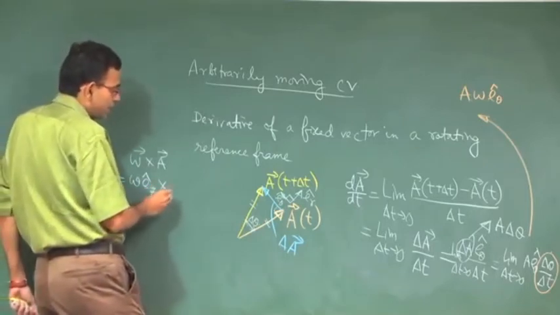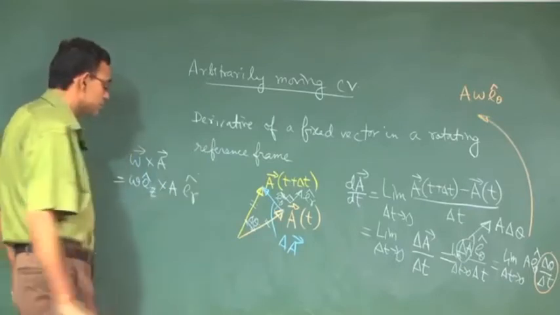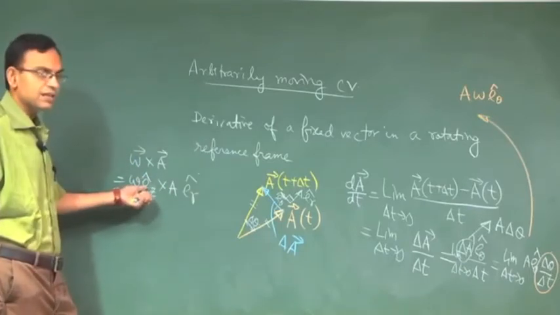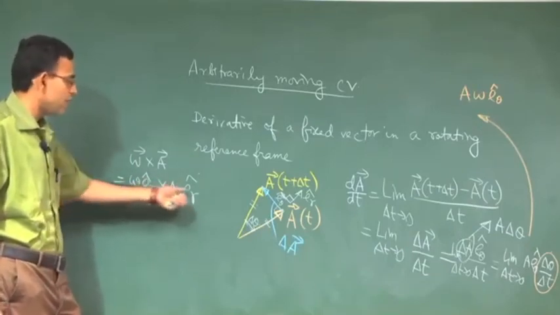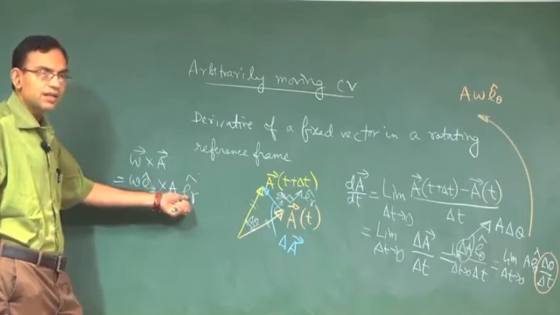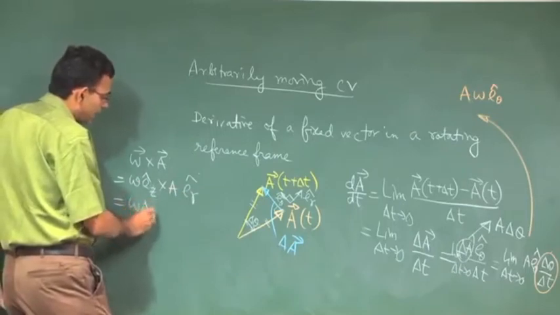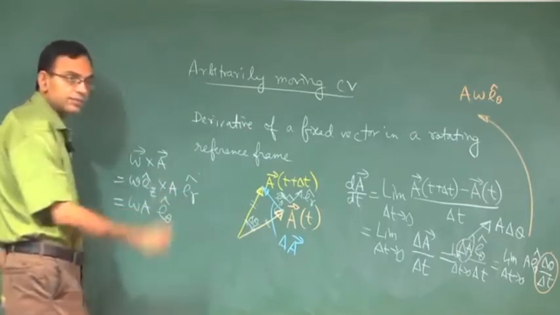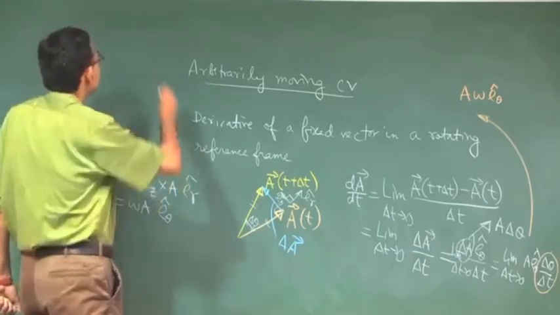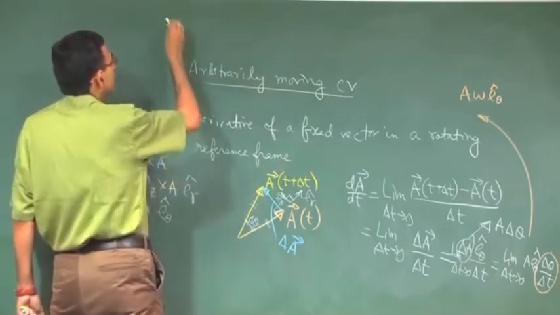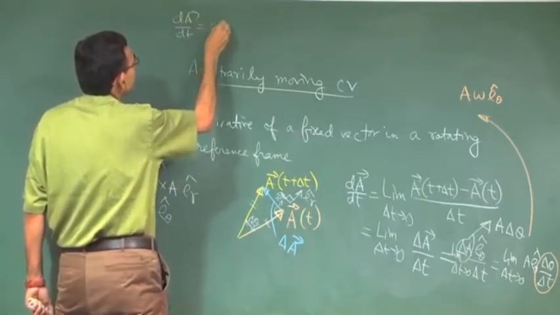Cross A, which is A e_r. So e_z is like the unit vector k and e_r is like the unit vector i. So it is k cross i, which is like j. So this will be omega A, and j in this case is e_theta. So the conclusion of this entire exercise is that dA dt is equal to omega cross A.